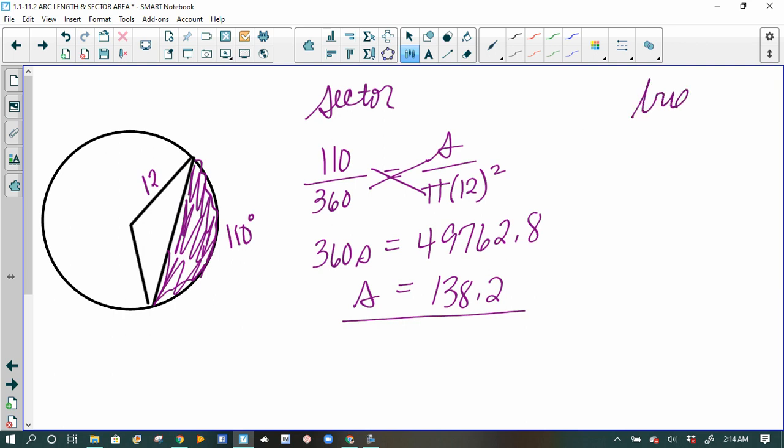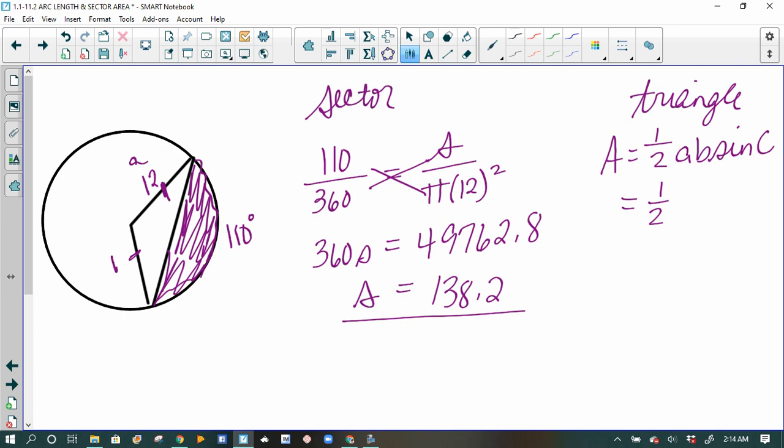Now the triangle is 1/2 AB sine C. So 1/2 these two sides, this is your A, this is your B, this is your central angle. So 12 times 12, sine 110.